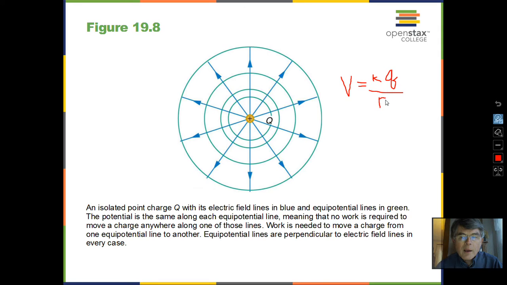And it's not r squared, just kQ over r is how we would calculate the value of electric potential at one particular spot.